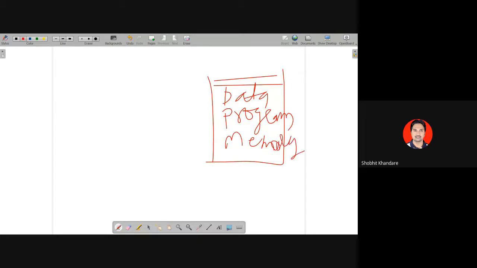The basic difference is that the data and program memory are the same. When you talk about von Neumann architecture, the data memory as well as the program memory are one and the same. So you have a CPU, and your data memory and program memory are the same thing.